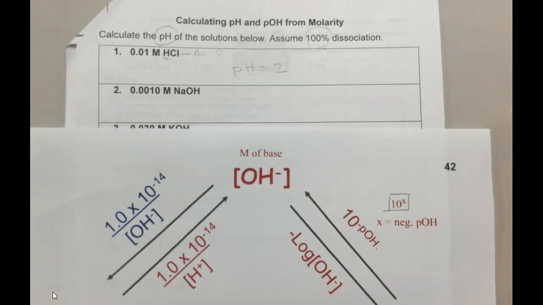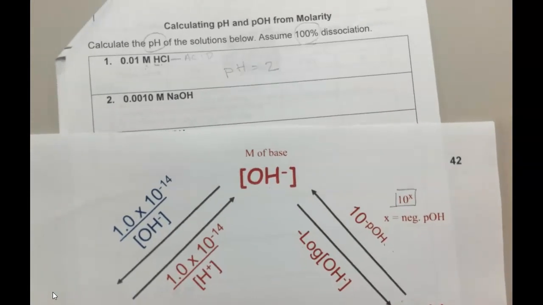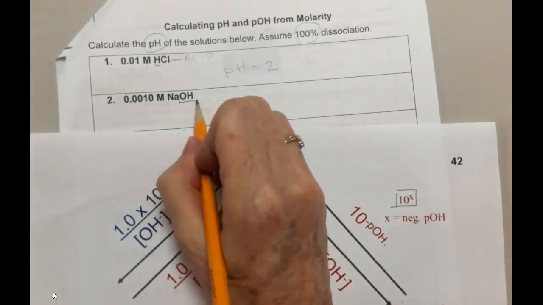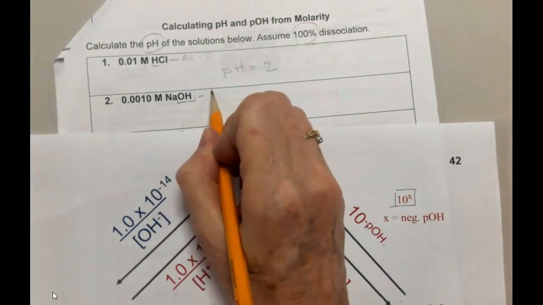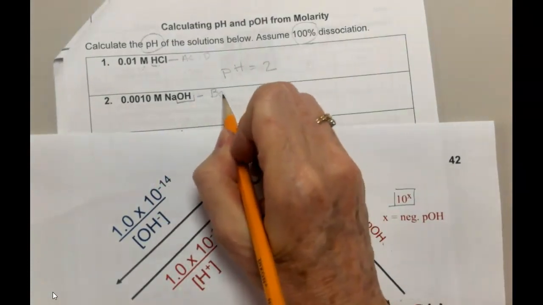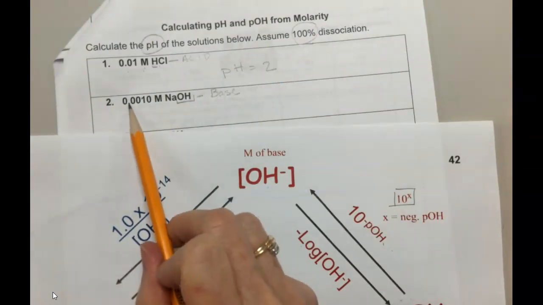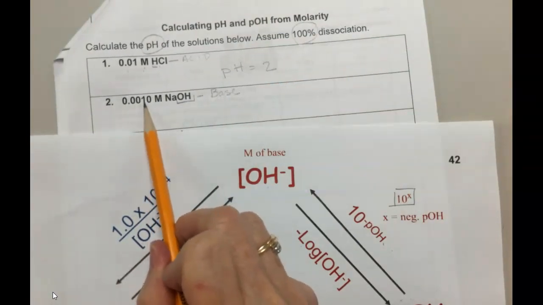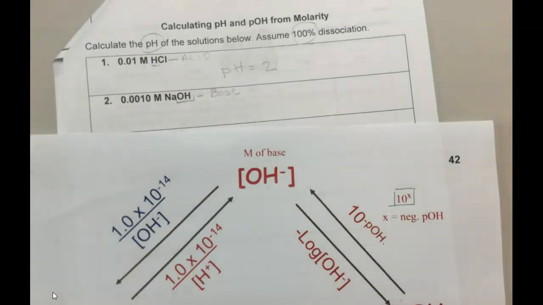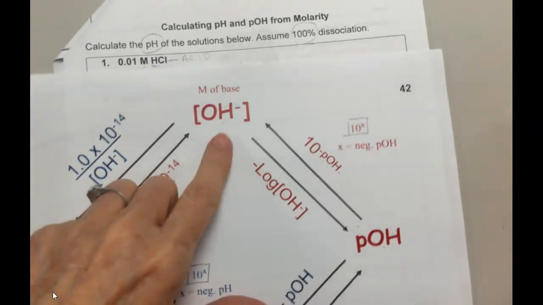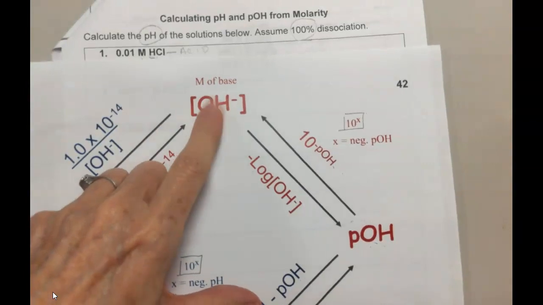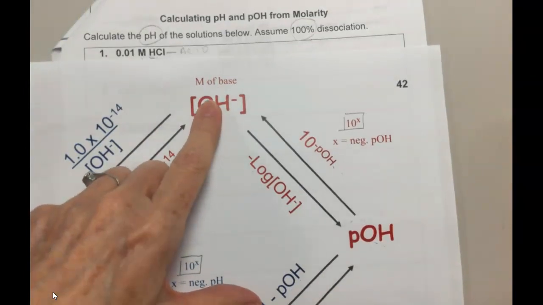What if we have a base though? Okay, so here, this ends in OH, so we know it's a base. What's the concentration of this base? 0.001 molar. So if I know the concentration or the molarity of my base, I know how many hydroxide ions are in solution.